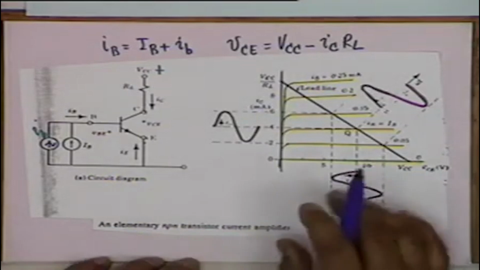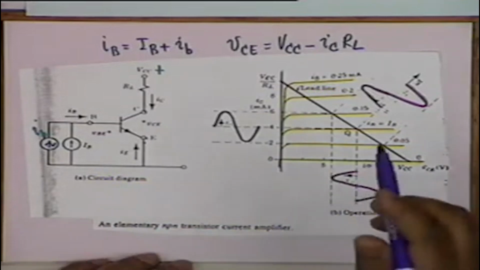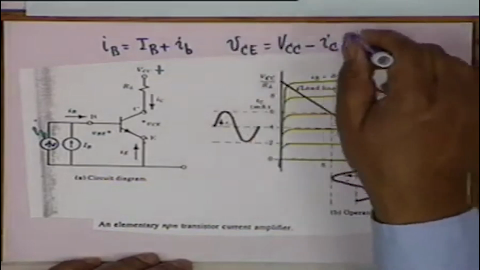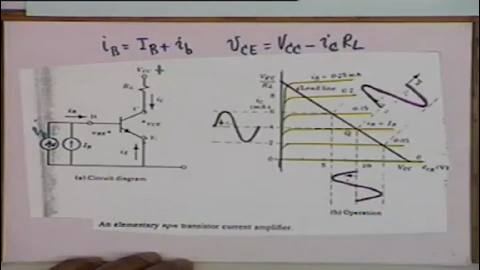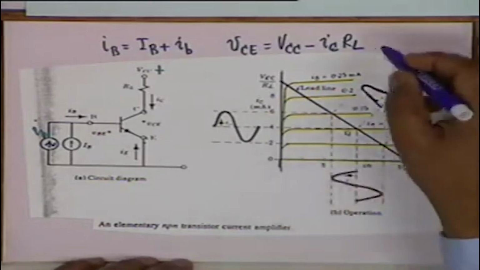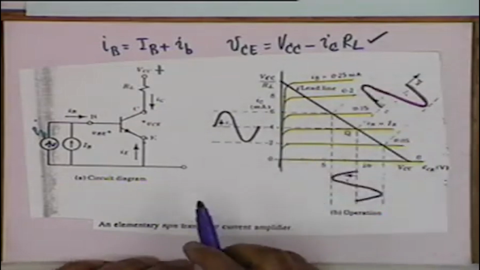These characteristics are nonlinear, and therefore VCE and I sub C should satisfy this relation and also the characteristic curves, so we draw this straight line on the characteristic curves. How do you draw it?